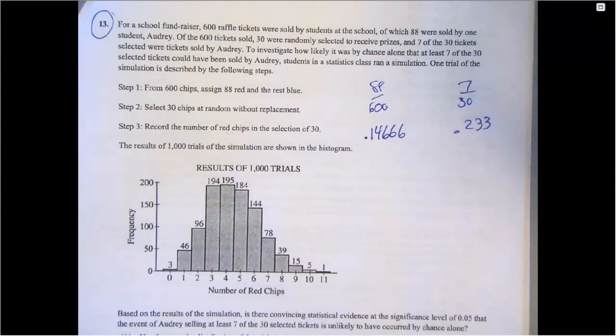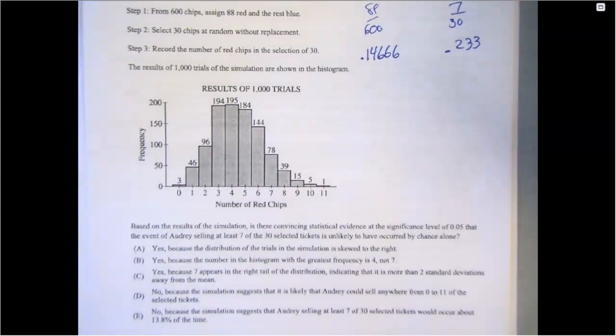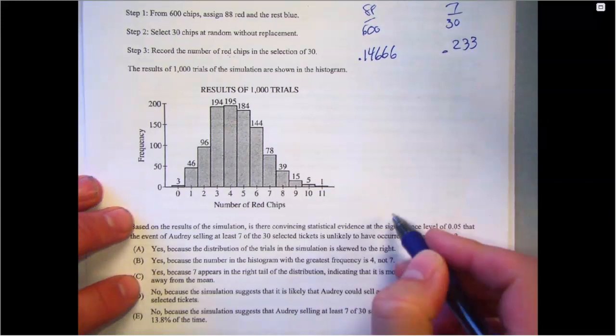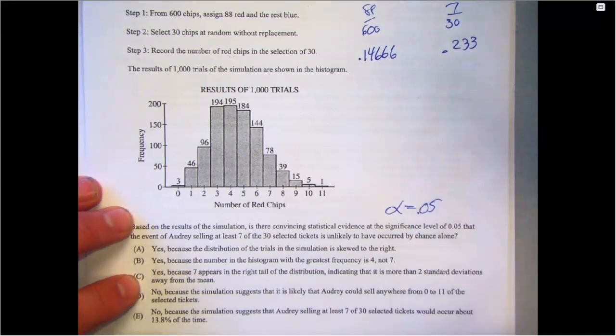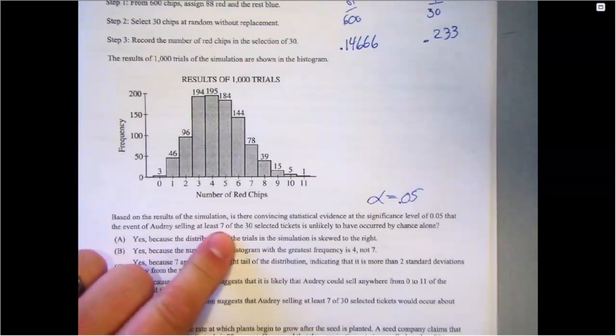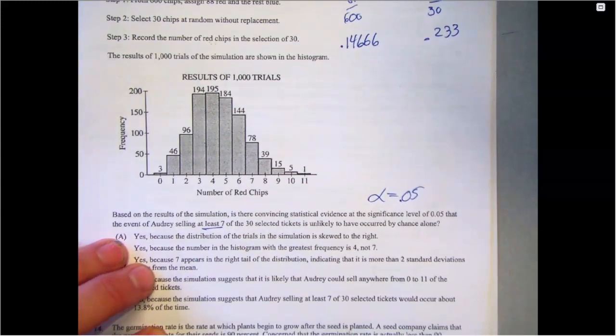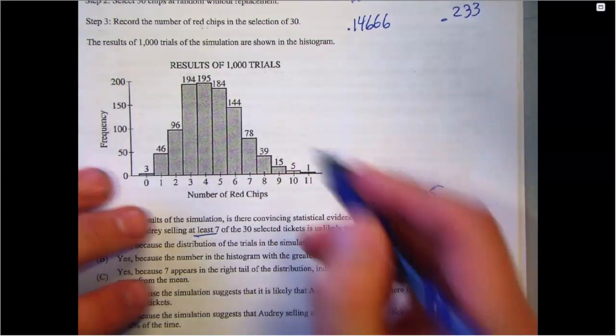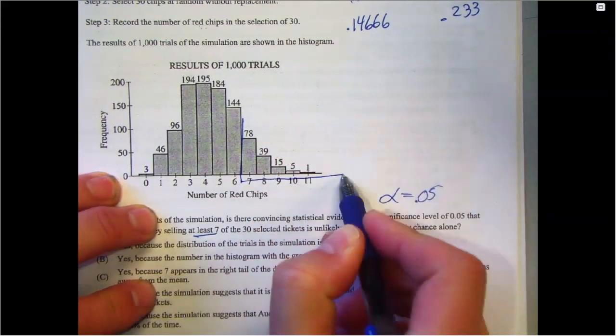They don't give me an alpha, do they? Based on the results, is there convincing statistical evidence at alpha equals 0.05 that Audrey selling at least 7 of the 30 is unlikely to have occurred by chance. So at least 7 of the 30 means this area here.